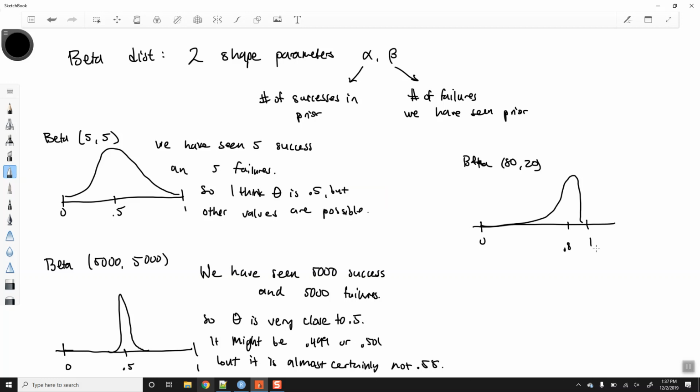Okay, and so the Dirichlet distribution has, I guess, k shape parameters.